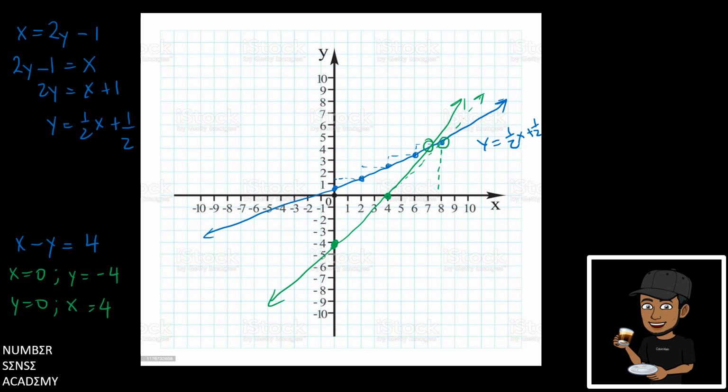So y is going to be 4.5, and x is going to be 8. So that's the solution: 8 and 4.5. I don't think it's 7 and 4, because the line is pretty poorly drawn.